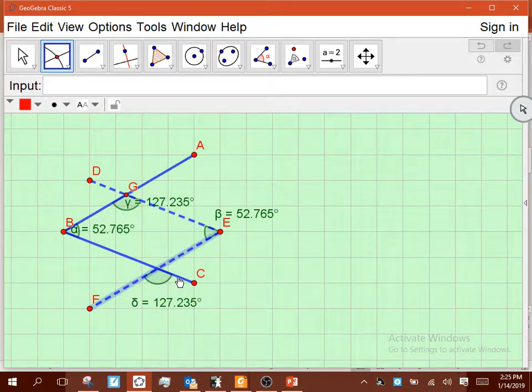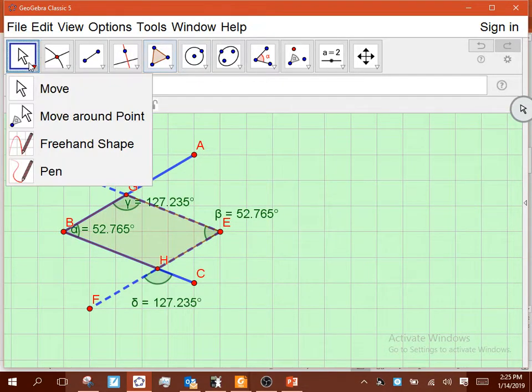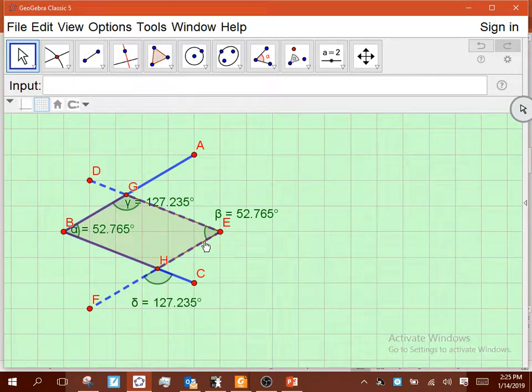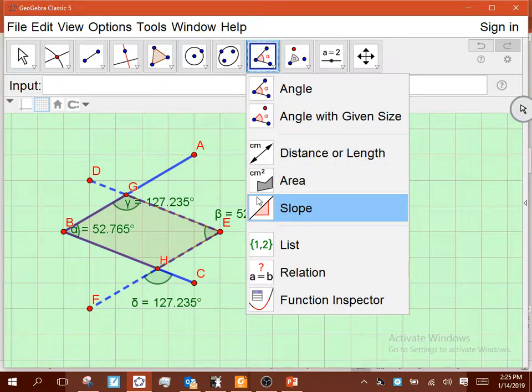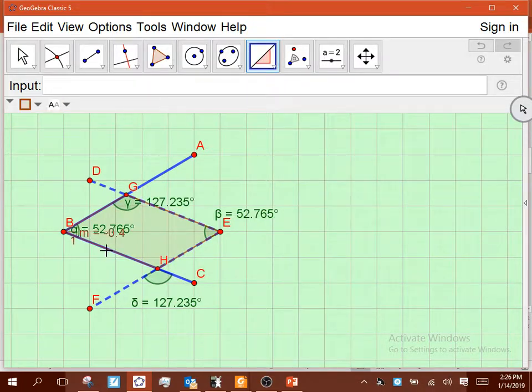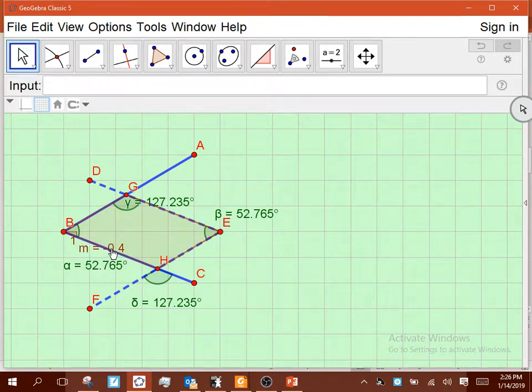So now if I look at that shape right there, both pairs of opposite angles are congruent. What is that shape? Yeah, because that slope right there is negative 0.4.